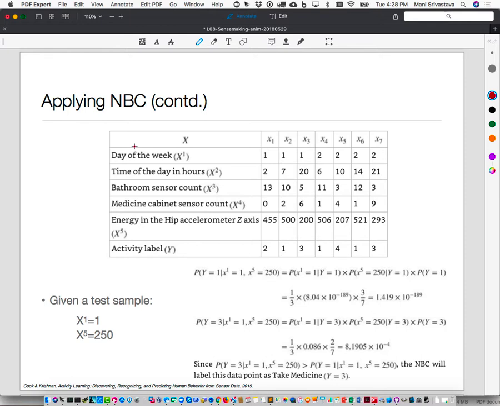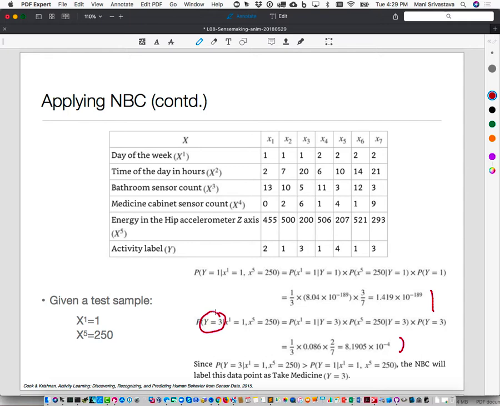Each one of those parameters we had estimated from the training data. You multiply these together and you get some insanely small number, 10 to the power minus 189. We do the same with y equal to 3. Again, multiply it. Again, I get a small number but it is bigger, and therefore in this particular case the answer is going to be y equal to 3 because that activity has a larger probability.